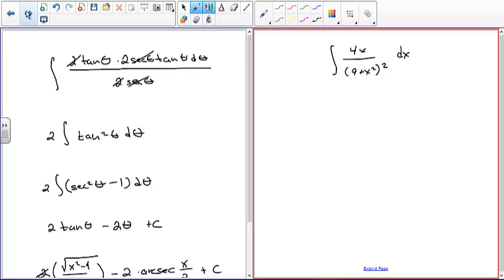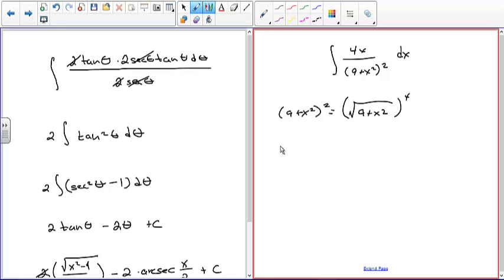We have 9 plus x squared squared. So we just have to recognize that 9 plus x squared squared is equal to the square root of 9 plus x squared to the 4th power. So we can substitute that.